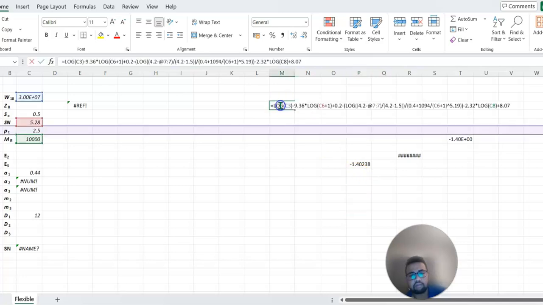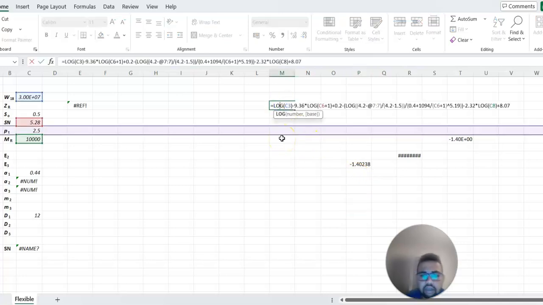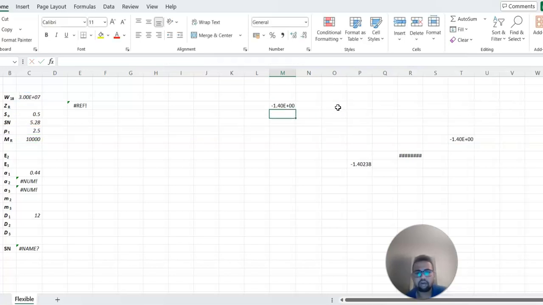This formula helps us, as I can see over here, log of the bracket of C3 minus 9.36 log C6 plus 1. We have substituted this value, so we got minus 1.40. This is quite a variation, but we got almost the same as 1.17.